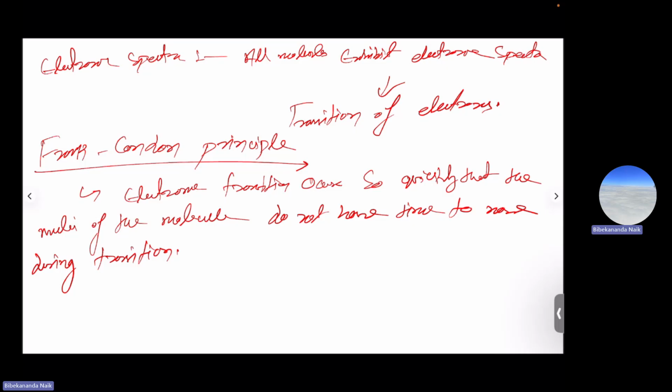Because electrons are much lighter than nuclei, so electrons tend to move faster. During the transition, the electron jumps instantly to another energy state, so the nuclear position generally remains fixed.